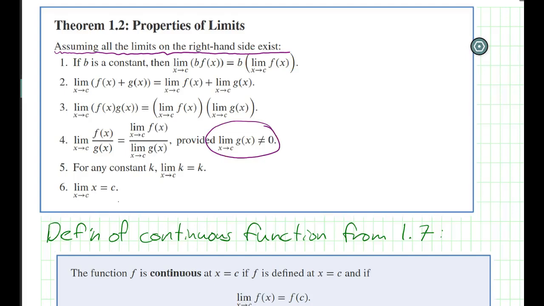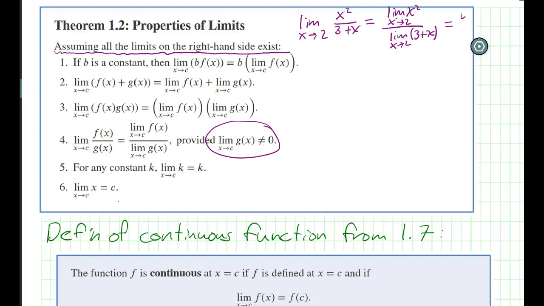So number 4 here implies that things like the limit as x approaches 2 of x squared over 3 plus x, if you know that both of these limits exist, the limit of x squared and the limit of 3 plus x, and you can trust me for now that they do, then the limit of the fraction exists, and it's equal to the limit of x squared as x approaches 2 over the limit as x approaches 2 of 3 plus x. x squared is just going to approach 4. 3 plus x is just going to approach 5.